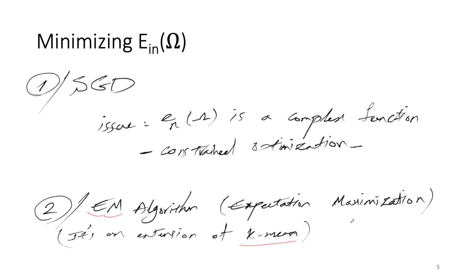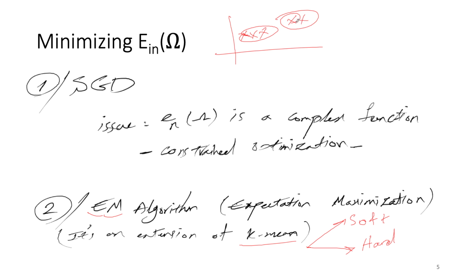And it has two versions, soft clustering or soft decision, and hard clustering or hard decision. Today we talk about the hard decision, and next session we talk about the soft decision. In the hard case, if you recall, k-mean clustering was clustering the points using their center point, move 2, move 1, right?